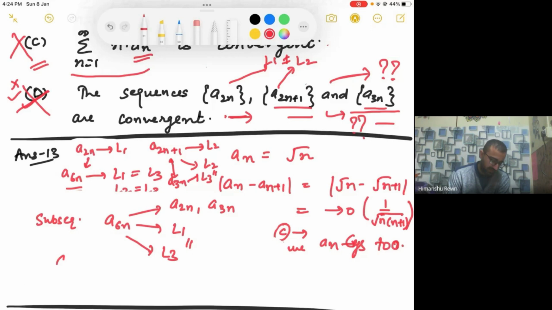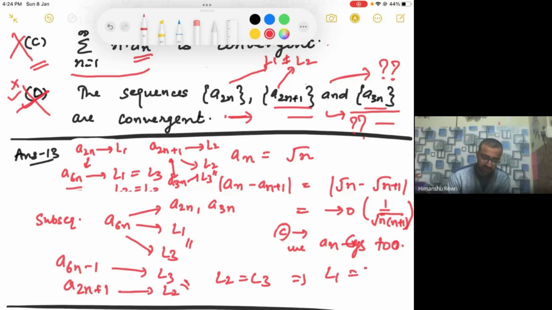Then take another sequence, A6n minus 1 and A2n plus 1. So this will converge to L3, this will converge to L2. But since the sequences are convergent, this implies L2 is equal to L3. So this implies L1 is equal to L2 is equal to L3.